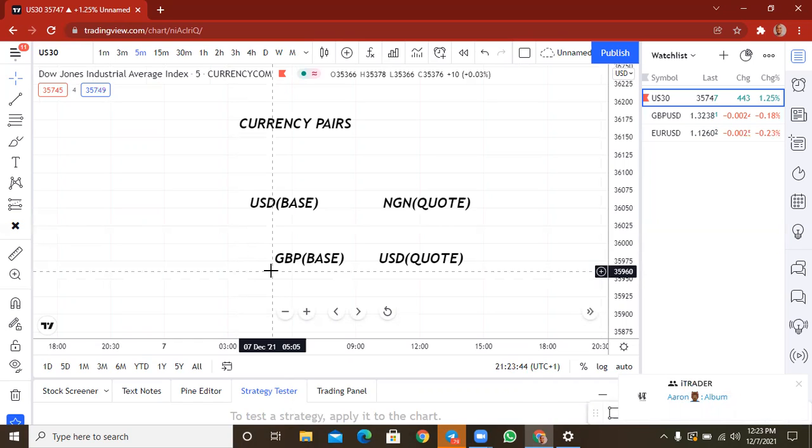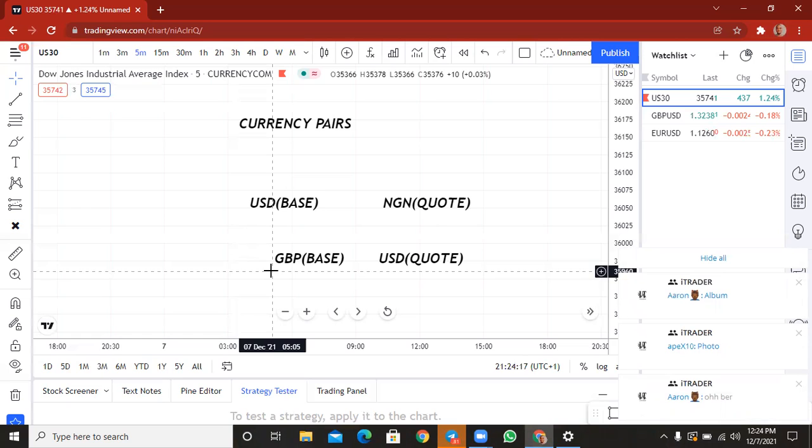In this currency pair arrangement, it comes first before the second one. So you can see with the USD NGN, we have the USD stronger than the Nigerian Naira, so the USD has to come first. Now, the second example I gave, GBP USD. GBP has to come first because the pound is higher in value than USD. So right here, the GBP is the base currency and the USD is the quote currency.